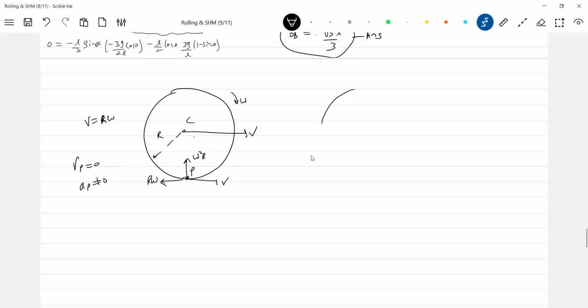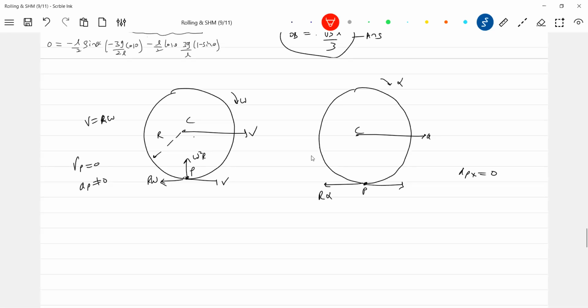Then if it is having acceleration, let's get into this one. This alpha. So this point P is not the instant center. Only the acceleration of point P along the x-axis will be zero, because of that we are writing R alpha. Am I right? Then, sir, is there any point on a rigid body where acceleration will be zero?